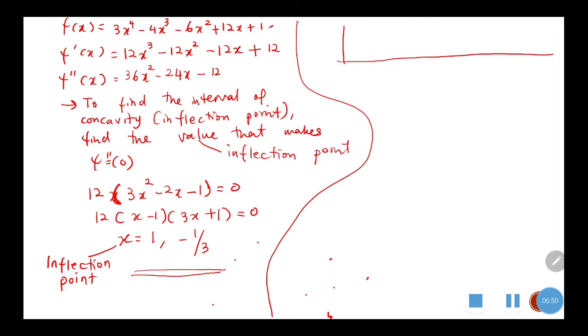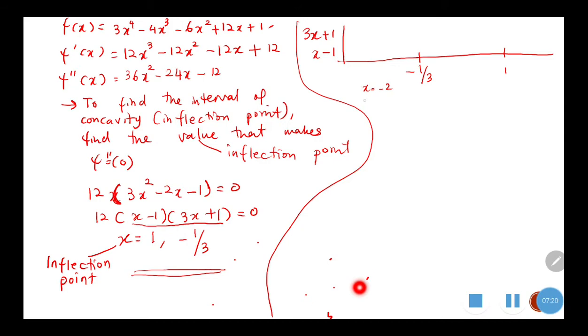So for x, we take this part here, x minus 1 and 3x plus 1. The inflection points here are, putting the lesser value first, minus 1 over 3 and 1. Now pick any value less than minus 1 over 3. I'm going to pick x equal to minus 2.